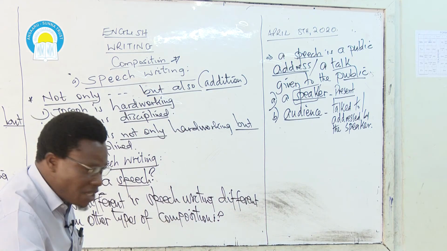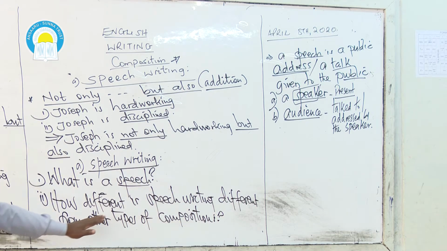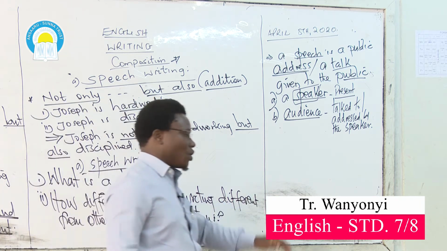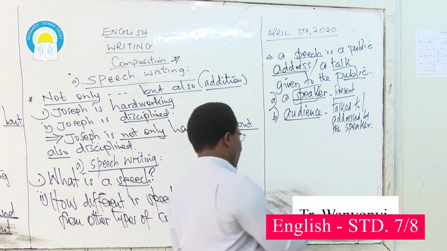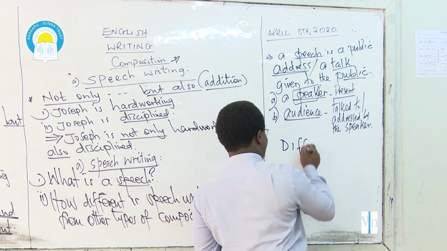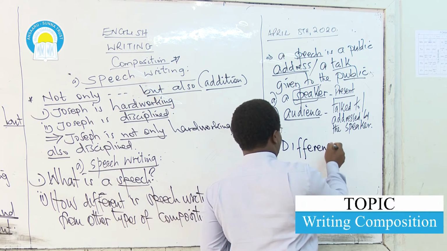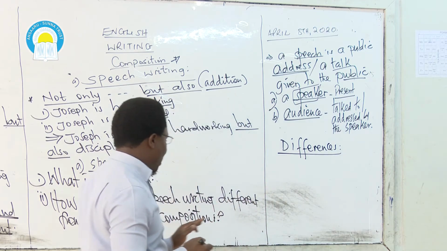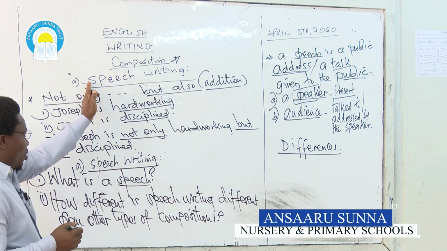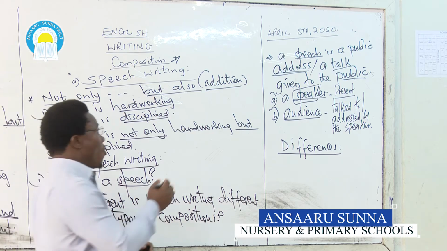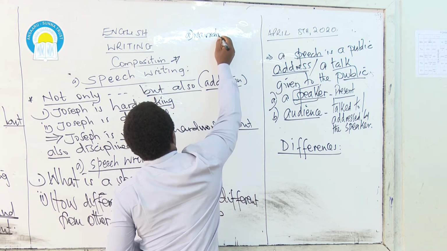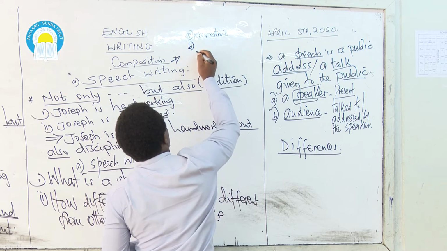Then how different is speech writing composition from other types of composition? 1. So viewers, note down the differences. What makes a speech writing composition different from 1. A narrative. What makes it look different from 2.